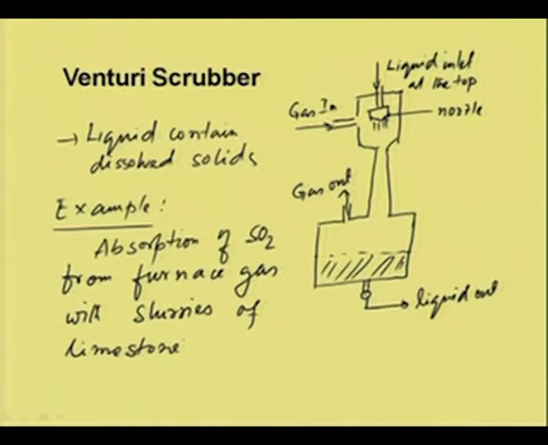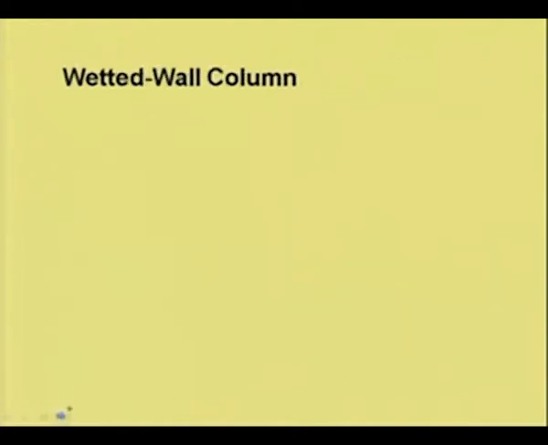So, another equipment which is also very much useful for laboratory contactor is the wetted wall column. It is a vertical cylindrical tube in which the liquid is flowing as a film either outside of the tube or inside of the tube.